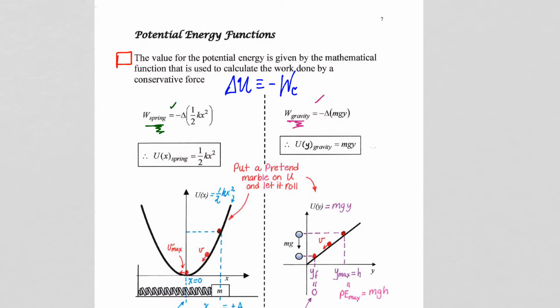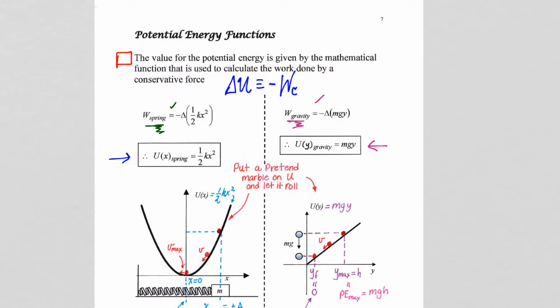The only difference is that we are now taking the negative over the other side of the equal sign, so work equals negative delta 1/2 kx squared and mgy, and that of course is where our potential energy functions come from, the mgy and the 1/2 kx squared.